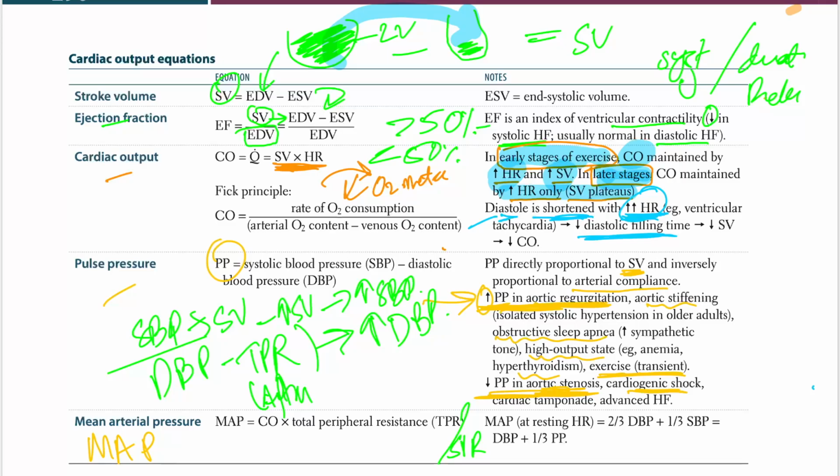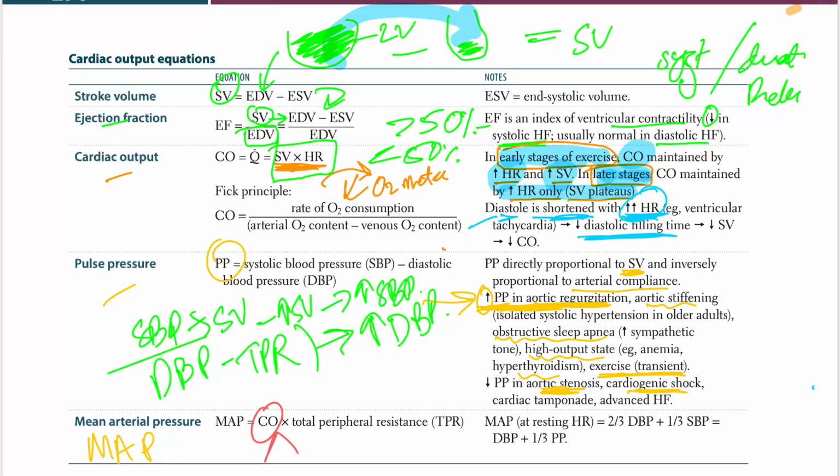resistance. Mean arterial pressure depends upon your cardiac output, whatever is going out from the heart, which you can calculate by SVR. Again, let me just actually write this down here.